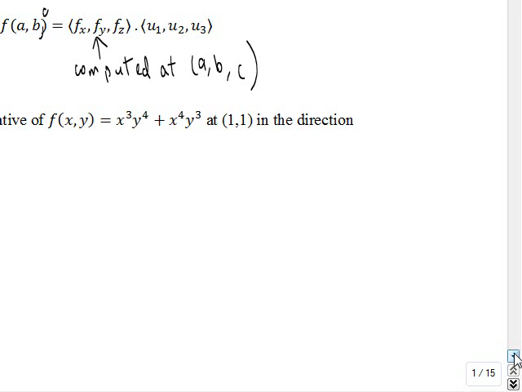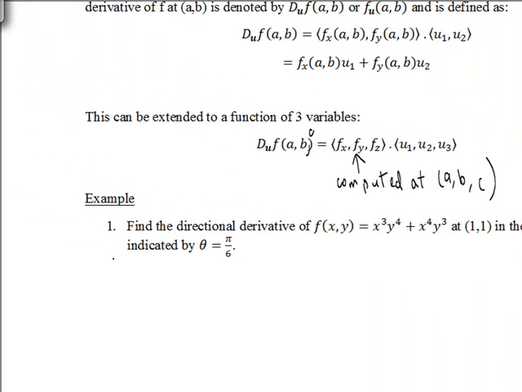Find the first partial, f_x, and that is equal to 3x squared y to the 4th plus 4x cubed y cubed. And then right away you can find that partial at the point (1, 1) by just substituting.